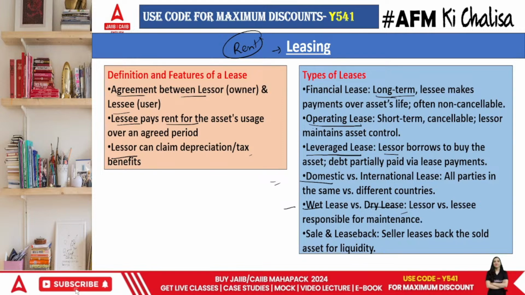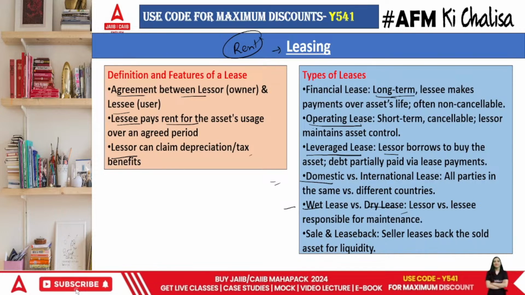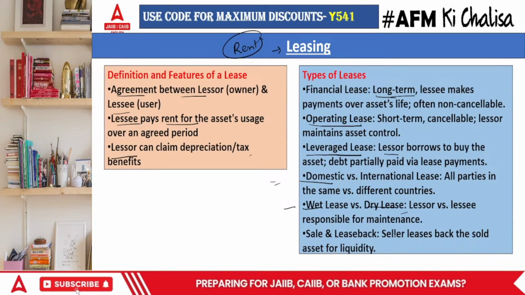Then comes sale and lease back. You want funds but you do not have, so what do you do? You sell your asset and then you say this asset is sold, while you haven't really sold that asset, but what you do is you give that particular asset to the party to use, and you get money for that.